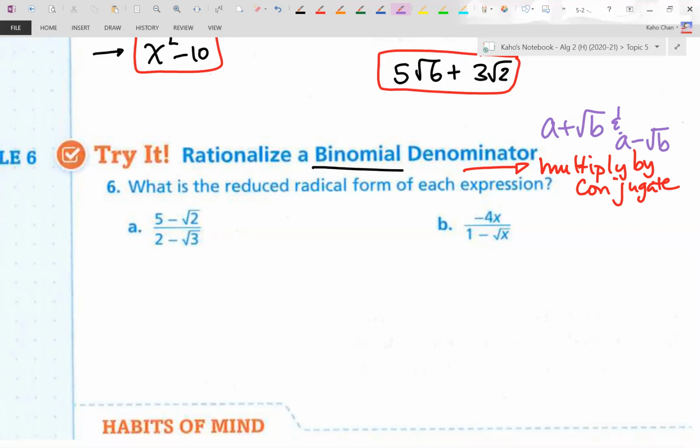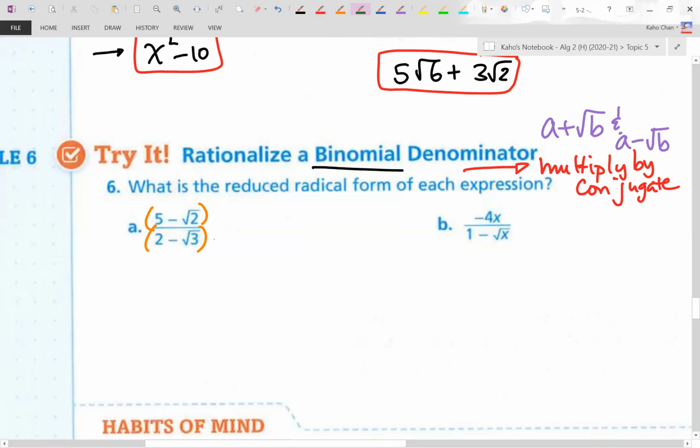That is the strategy. Look at number 6a. We have a binomial over another binomial, and these happen to be very ugly radicals that are binomials. Parenthesize as soon as possible, please. The only thing that matters is to get rid of that radical in the denominator, in this case 2 minus root 3. The conjugate of 2 minus root 3 is 2 plus root 3.